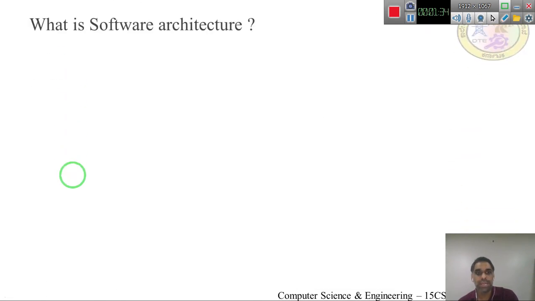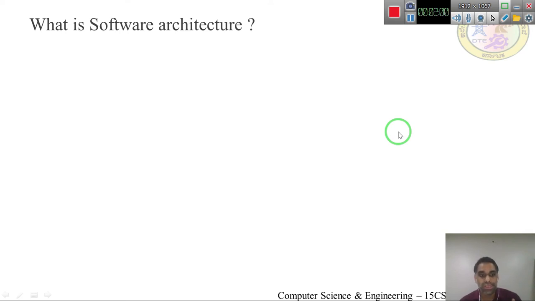So let me begin with a question to you. Students, what exactly do you understand or what comes to your mind when I say software architecture, and why does software architecture come into the picture? Imagine you need to design a system based on the technical requirements.